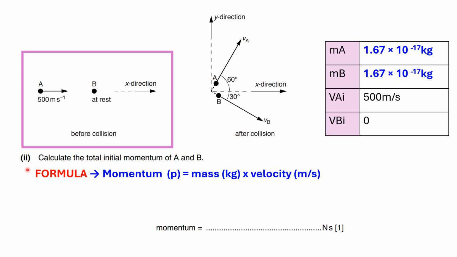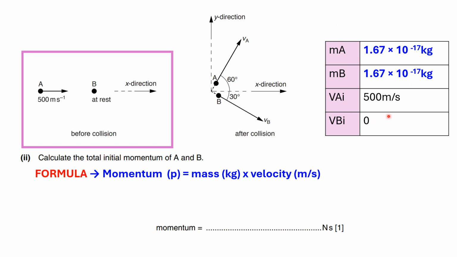Question II. Calculate the total initial momentum of A and B. So right here in this pink box, we are using the formula for momentum. P is equal to mass in kilograms times velocity in meters per second.